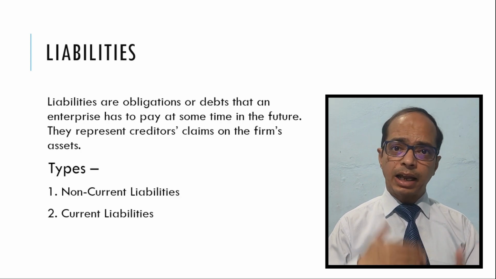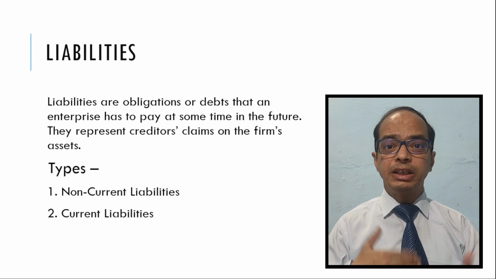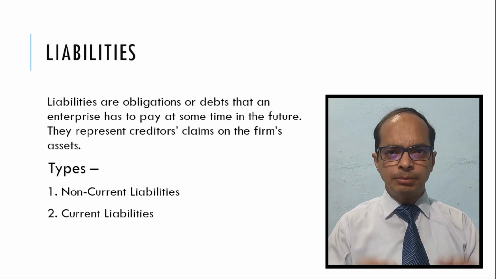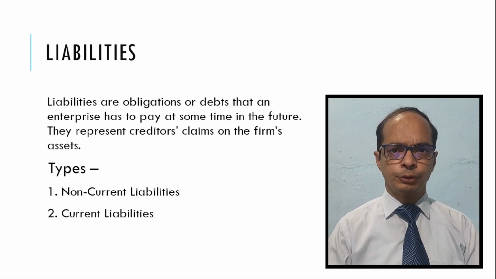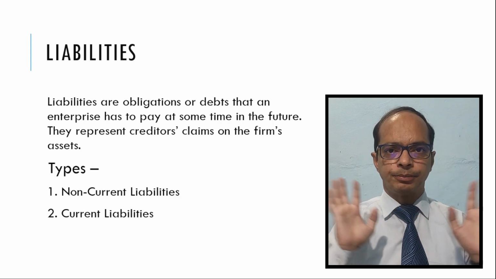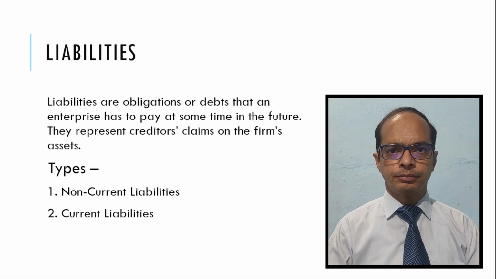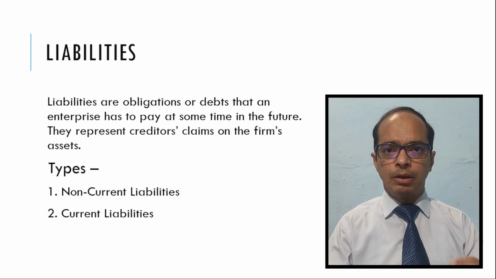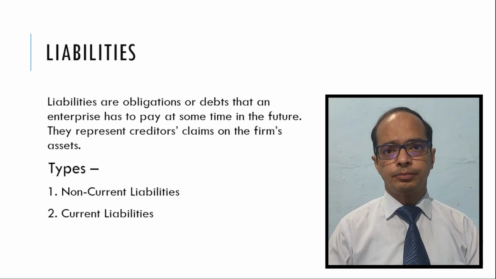Current liabilities are those liabilities which are payable within a year. As the name suggests, current means a short time period. I told you already about that. Short time period means here 1 year maximum. That amount is payable within a year.